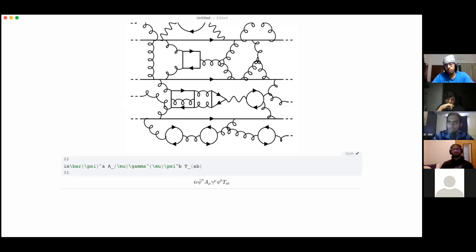That's why I need a T. If this was a gluon, then yes, I'd have the structure constants, something like f^{cab}, although this is not the right notation for it.